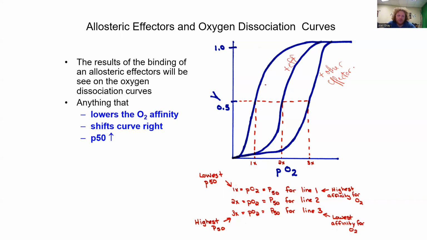So what an allosteric effector can do, or what an example of an allosteric effector is, basically anything that shifts the curve to the right.